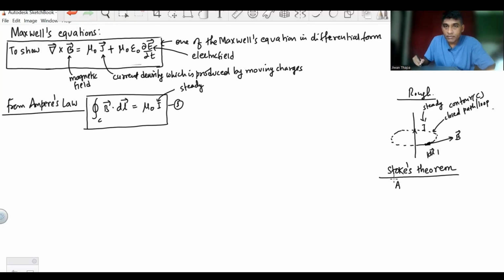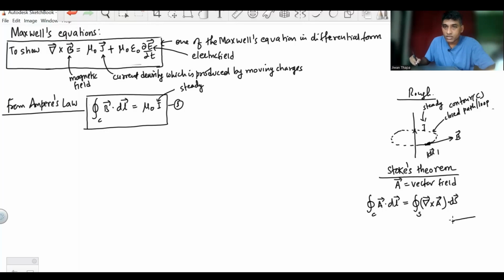Let's say we have a vector field A. Then line integral of a vector throughout the closed path or loop equals surface integral of curl of a vector throughout the closed surface. Clear? We can understand in this way.